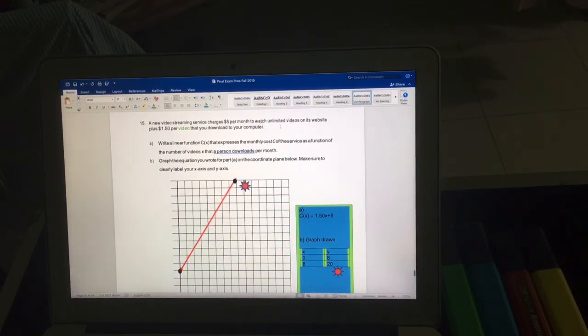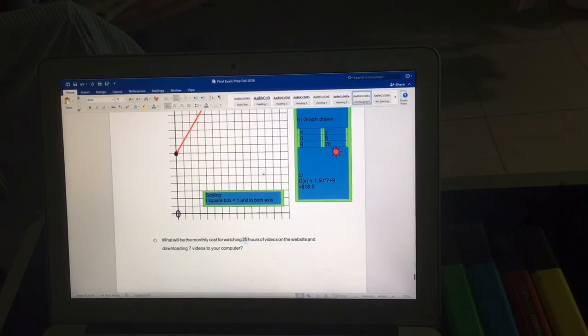So no matter if it is 25 hours, or 50 hours, or 100 hours, or even 10 hours, it doesn't matter, because only for unlimited video watching, this $8 is the money. But for each video you download, you have to give $1.5. So the value that is changing is downloading the video.